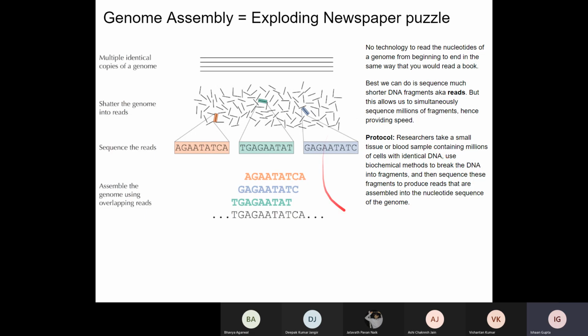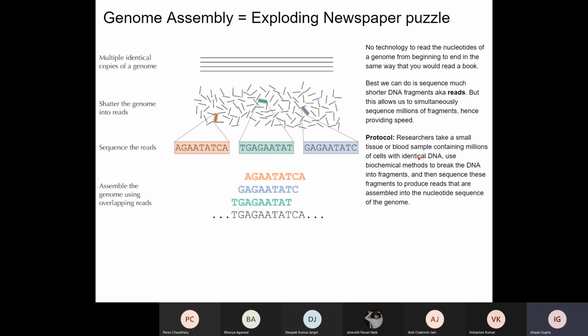So typically the protocol that researchers use is that they take small tissue or blood samples containing millions of cells. Now, when you take any sample which has millions of cells, one fair assumption is that all the cells coming from one individual are going to have identical DNA.